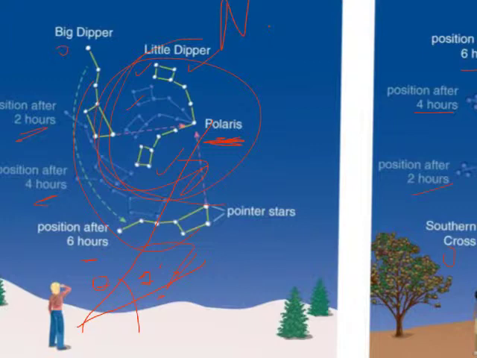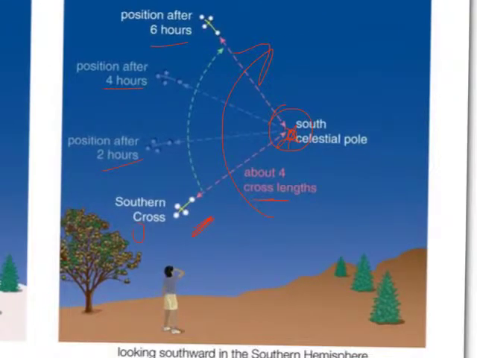For instance, around here, that would be about 41 degrees. Similarly, over here, this person is wearing shorts, Australia maybe, would look at this angle for his or her latitude south of the equator.